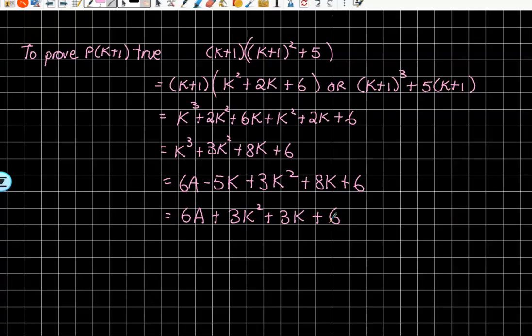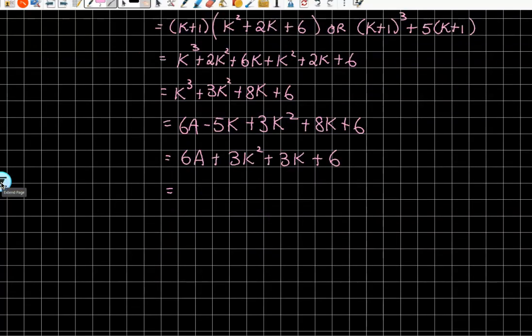No. We wanted to prove it was divisible by 6, and yet this is not that. This happens once in a blue moon. But please notice, I'm going to keep my 6A out the front because that is divisible by 6. That's done and dusted. This bit here, yes, I can pull out 3.